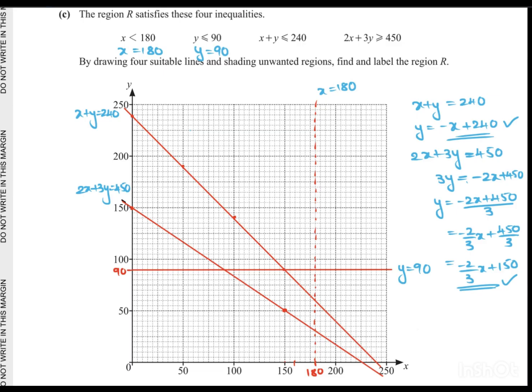Now we'll do the shading part. Unwanted region is to be shaded. Okay. So x less than 180 should be below. Unwanted region will be less than should be on the left hand side, greater than should be the right hand side. So unwanted region will be this.